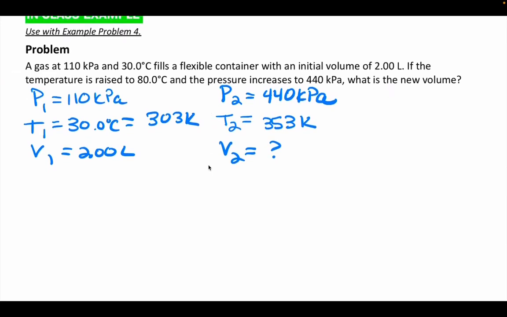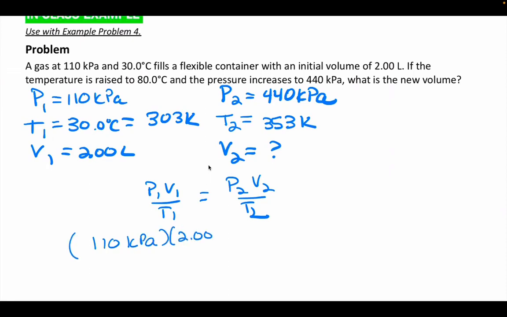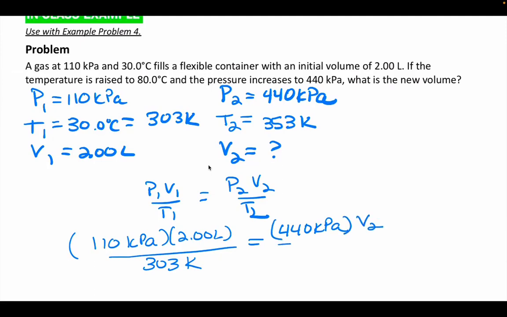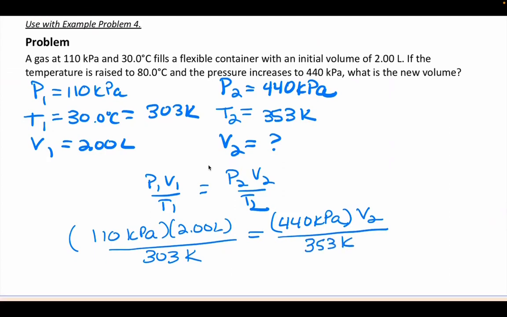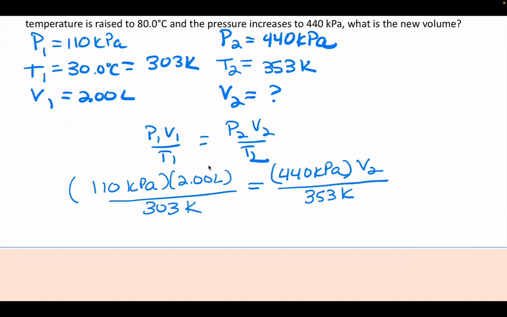Then we just sub in: 110 kilopascals times 2 liters over 303 Kelvin equals 440 kilopascals times V2, which is my X, over T2, which is 353 Kelvin. You can stop there and solve, or if you want to show your work, cross multiply.